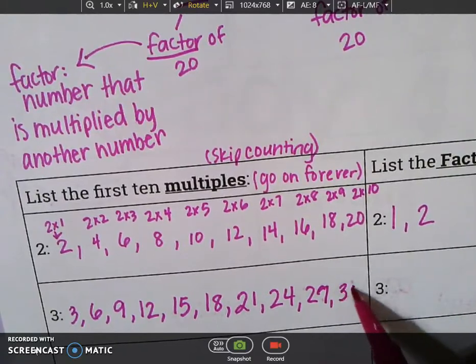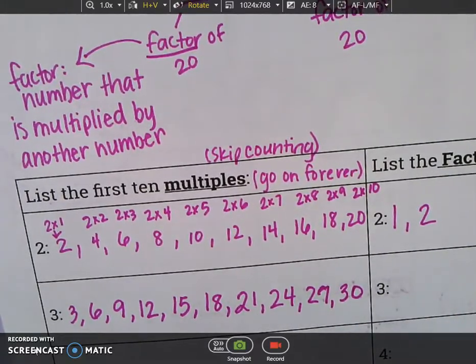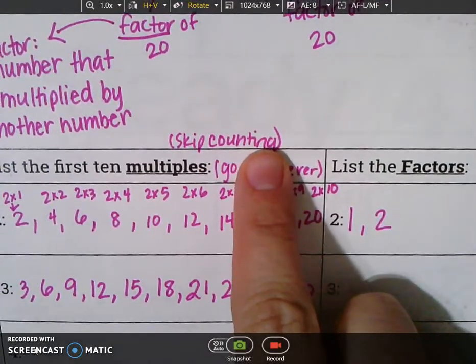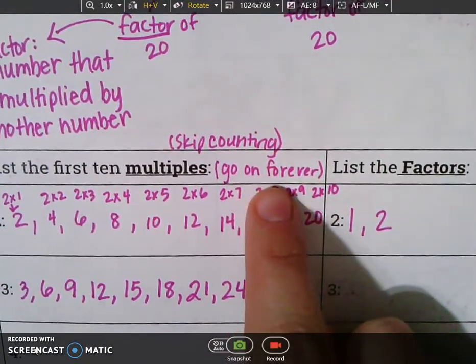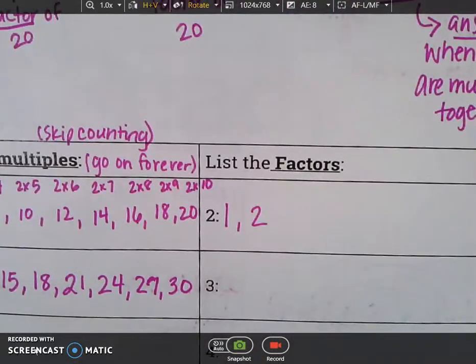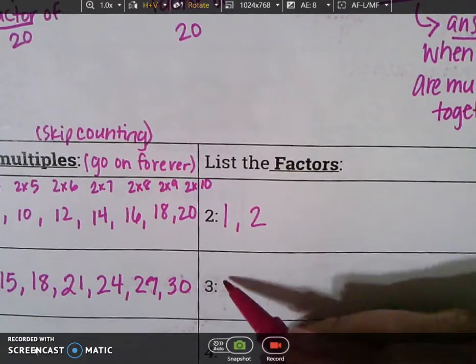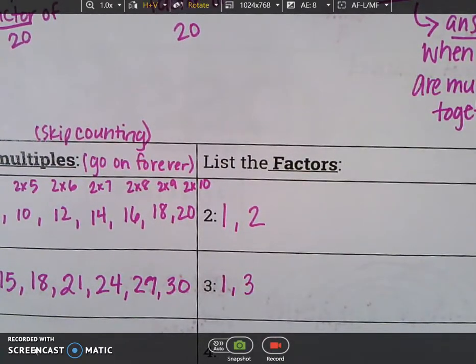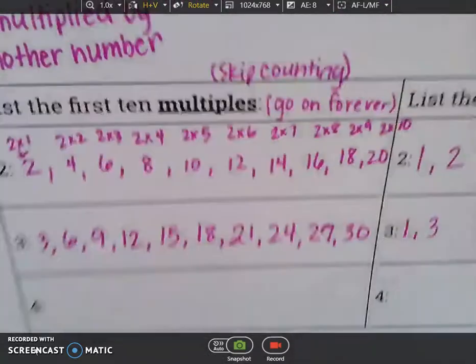And 3 times 10 is 30. Again, that's the first 10 multiples. I'm just skip counting by 3. And this would go on forever. I could keep skip counting. But when I list the factors of 3, it would just be 1 times 3 equals 3. There are no other factors. So that would be the end of my factors there.